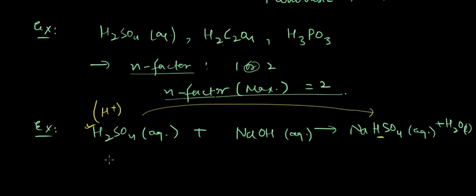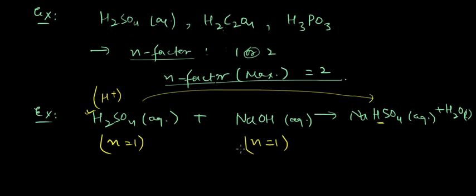So here n factor for H2SO4 is 1, and obviously n factor for NaOH would also be 1. It is an example of incomplete neutralization.